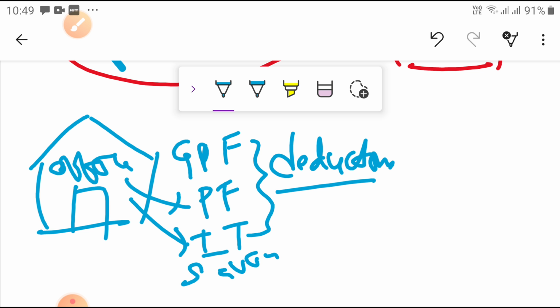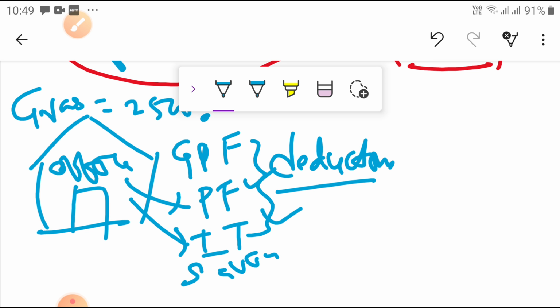In the previous case, whatever the gross salary, for example 25,000, the whole 25,000 gross salary is given to your mother. Your mother is happy. But actually what will happen in the office? From the 25,000 he has to pay the professional tax, some 200 or 300 rupees.